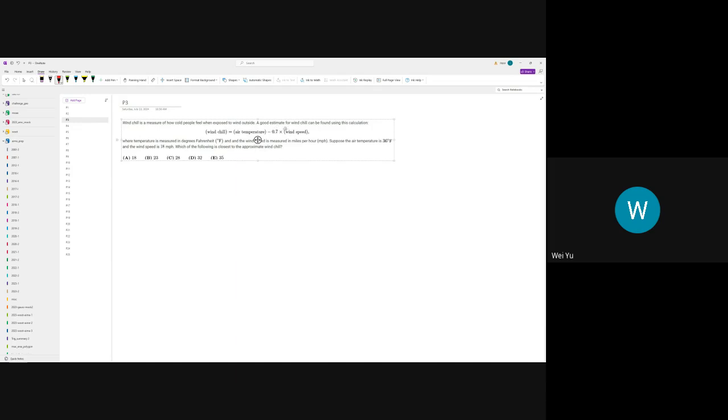Okay, so to solve this, wind chill is a measure of how cold people feel when exposed to wind outside. A good estimate can be found using this calculation, where the temperature is in degrees Fahrenheit and the wind is approximated in miles per hour. So we have to approximate the wind chill at 36 degrees Fahrenheit and an 18 mile per hour wind.